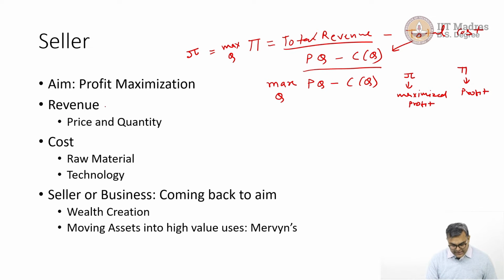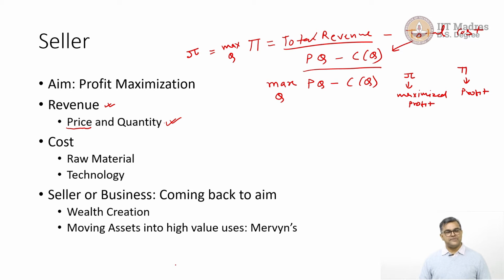We have already seen that revenue has two components, price and quantity. Quantity is completely in control of the firm. How much to sell in the market, that would depend on the firm. Price we will see is much more complex. Sometimes this firm or seller can decide how much should be the price.